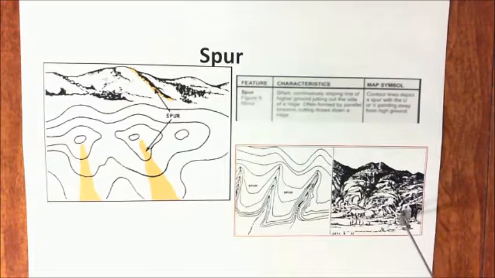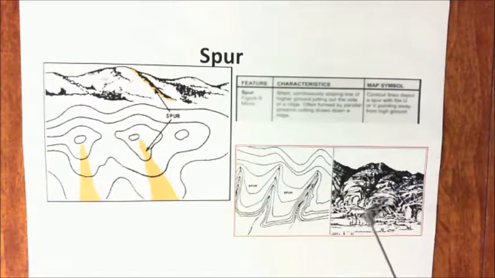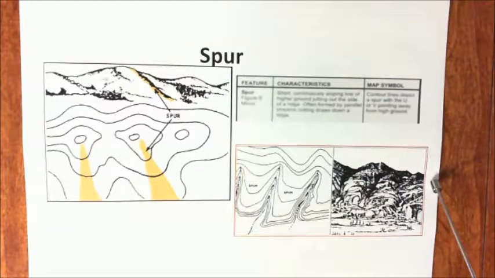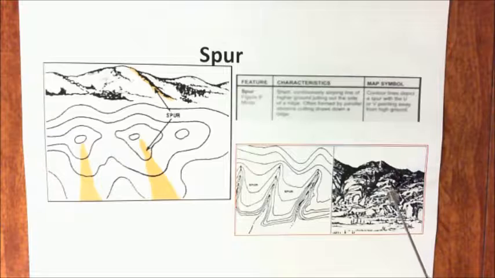You can see little cracks, fissures here. Those are your draws. Draw, draw. So what do you call the land in between? It's not a draw, it's not a hilltop, it's not a ridge. Well, that's a spur.